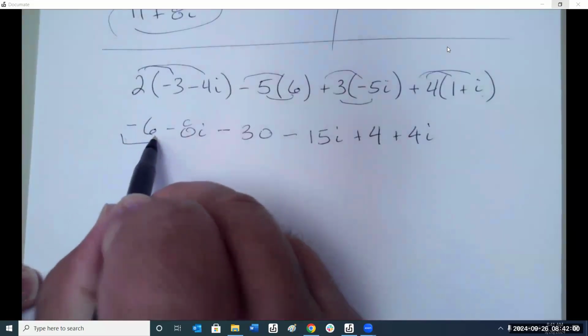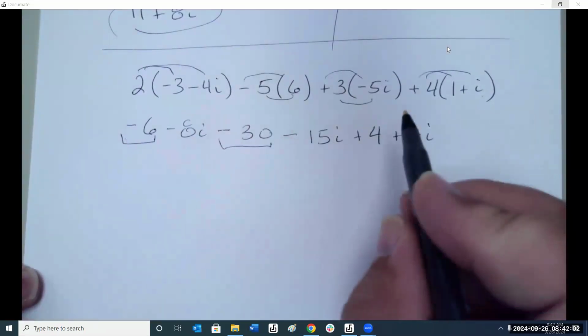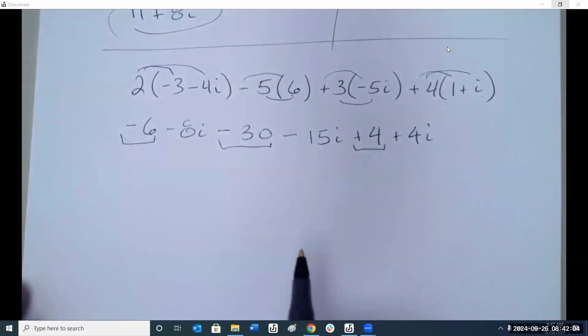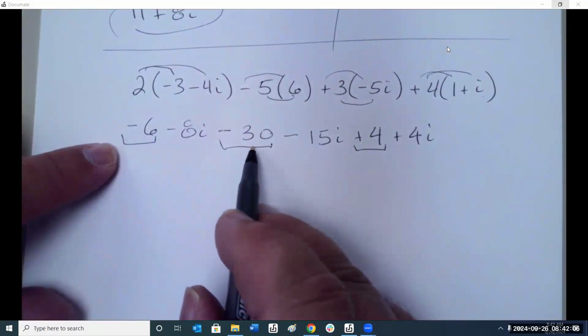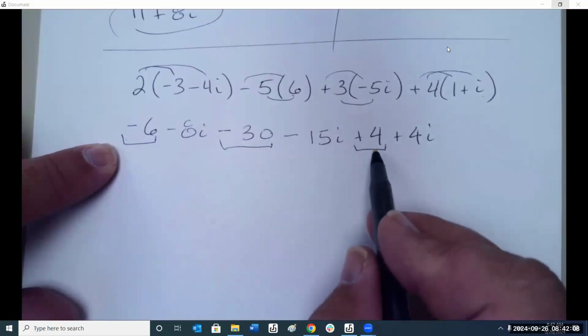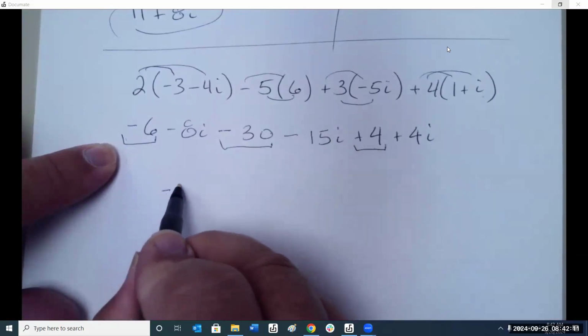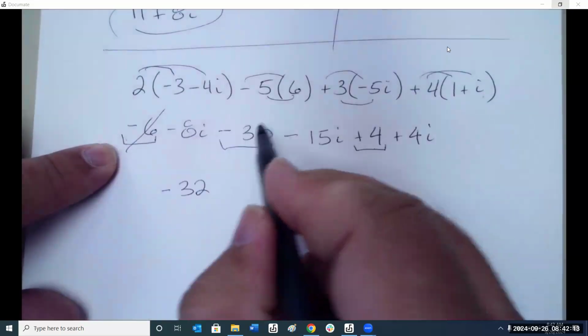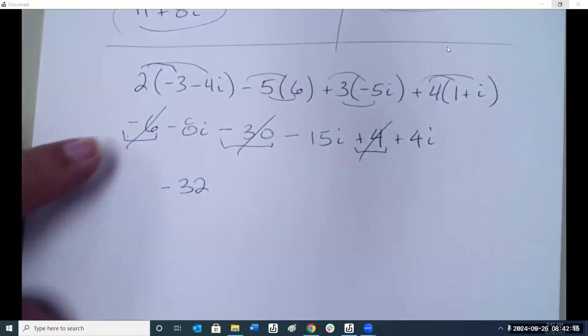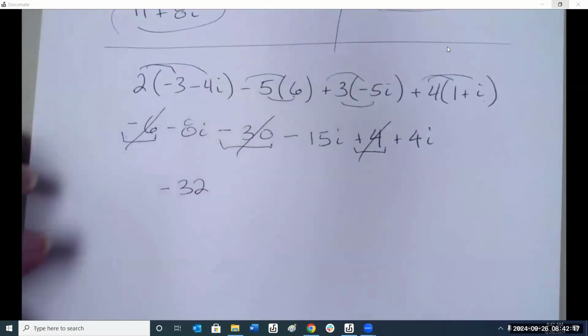So we have negative 6, negative 30. So negative 6 and negative 30 gives you negative 36 plus 4. So that takes care of the real numbers.